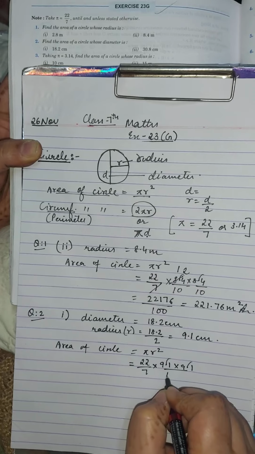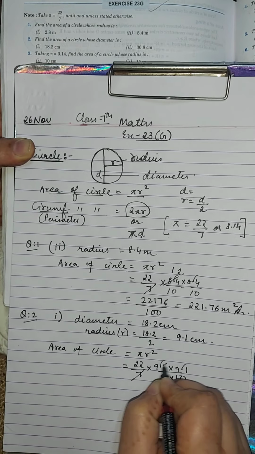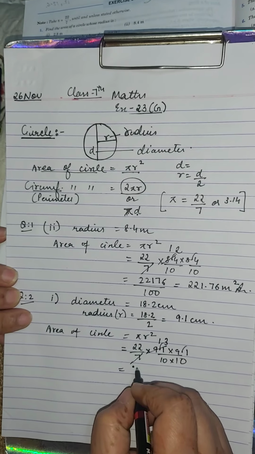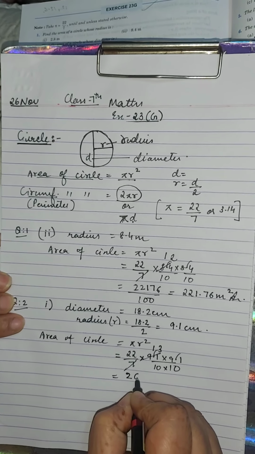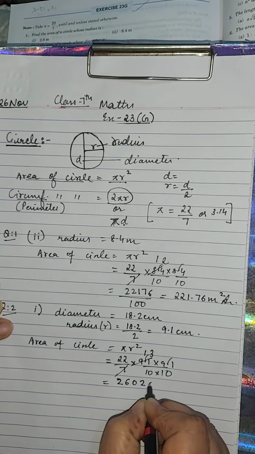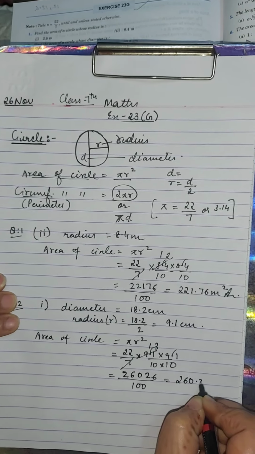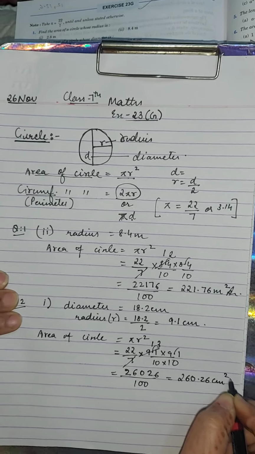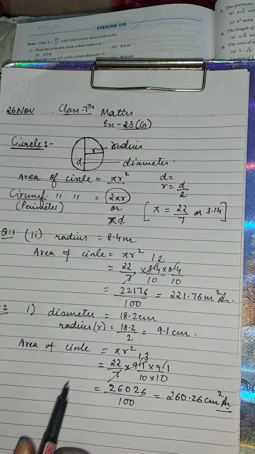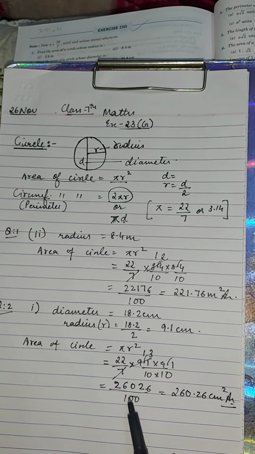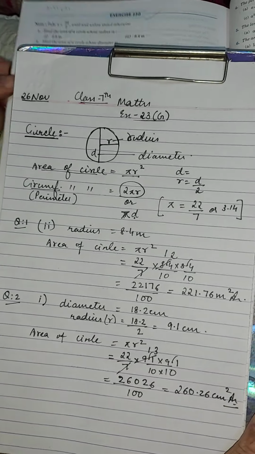Take the decimal again. 7 ones are 7 and 13s are 39. So after multiplying it, you will get 26026 upon 100. So it will become 260.26 centimeter square. So simply you have to apply the formula and substitute the value of pi, and you will get the answer.